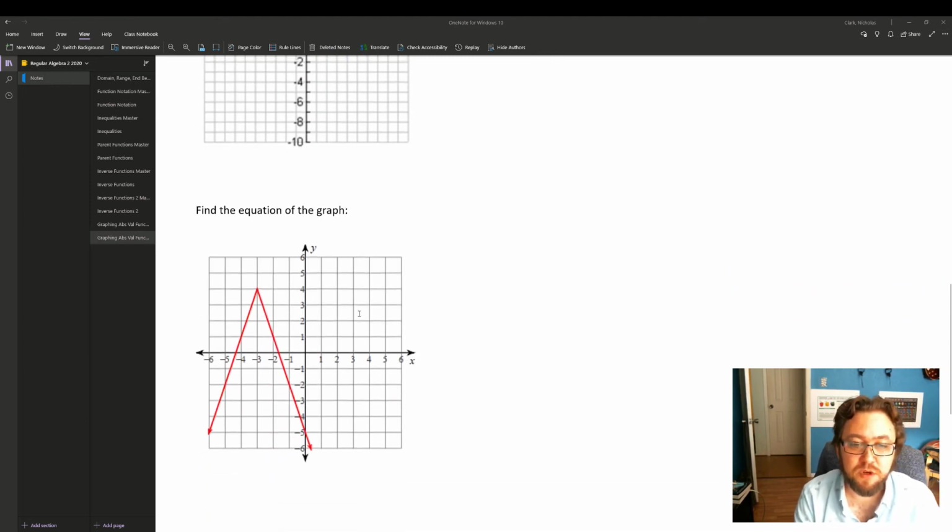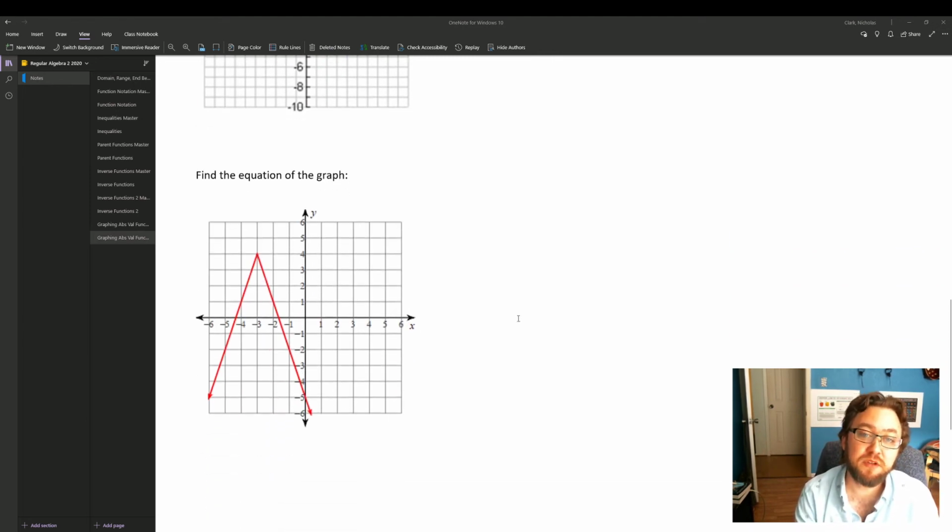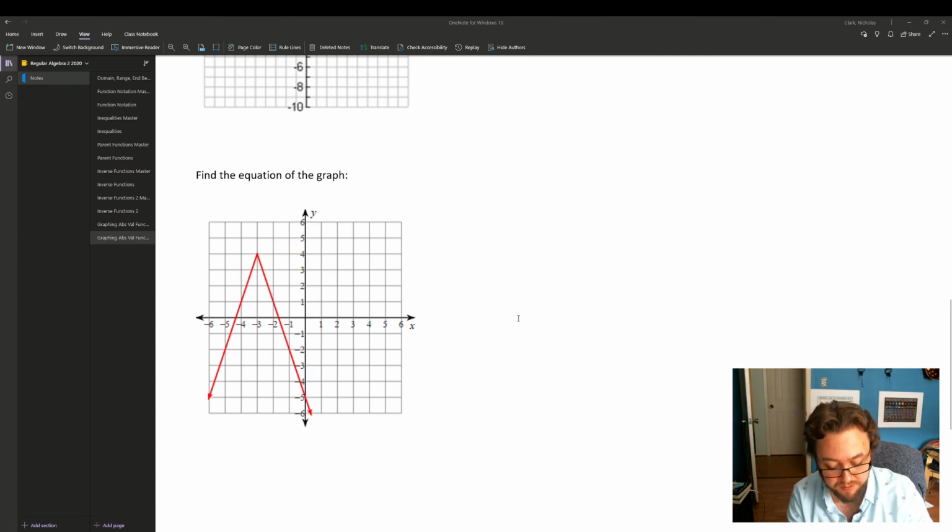The last thing that I want to do is finding the equation of the graph from one that's already plotted. So the first thing that I'm going to do is look at this and say, what is my vertex? And I'm going to write that off to the side, just like notes.